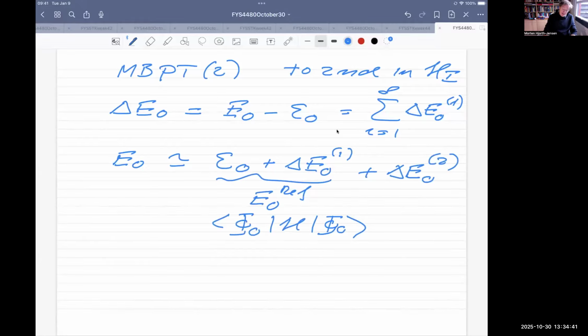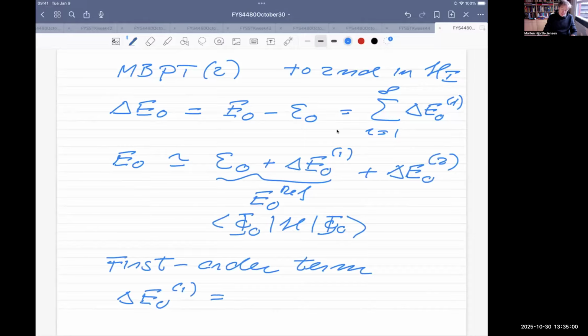Now, if we look at the first order term, we're also going to bring back some of the diagrammatic representation. So the first order term is something which we have calculated many, many times. So delta E0 to first order here is given by a sum over all the states below the Fermi level, i j, and then we have this anti-symmetrized element.